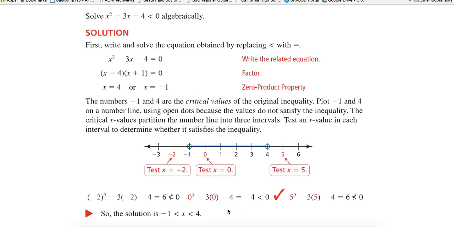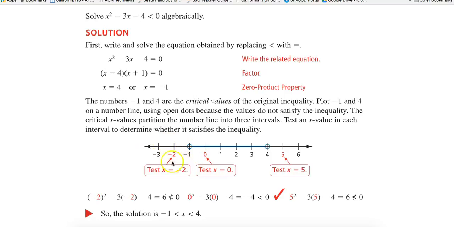Now, I had this question a lot in class, and I want to make sure everyone understands. When we get our two binomials, 4 and -1, there's no guarantee that our solution set is always going to be between these 2 points. You can test your points and your regions.